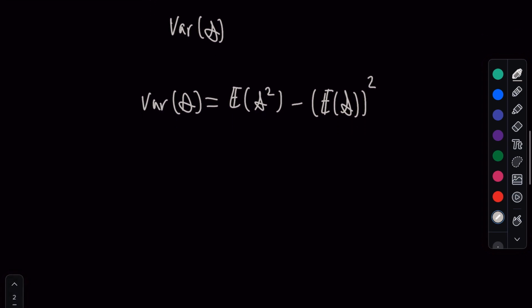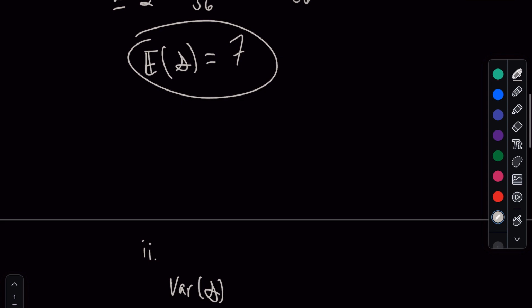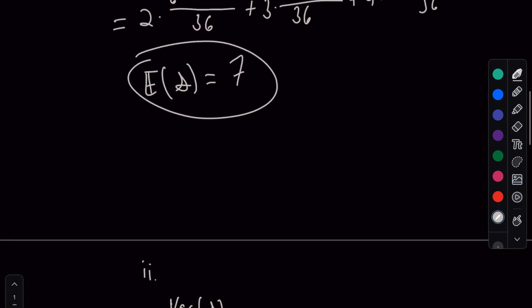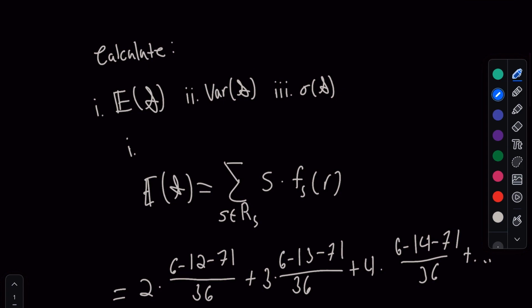The way these are different is this one is taking what we already found and just squaring it, and this one, S squared, is its own new random variable, essentially. So you would find it by this equation, by squaring it, then going through and doing this.